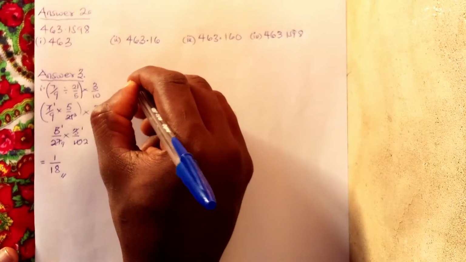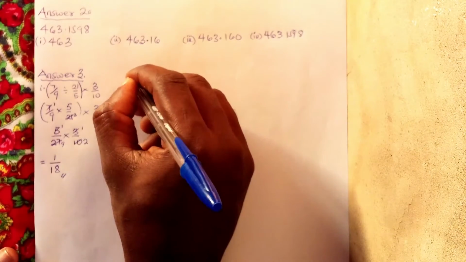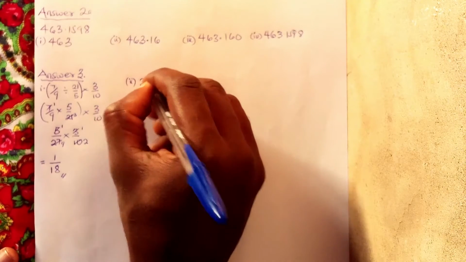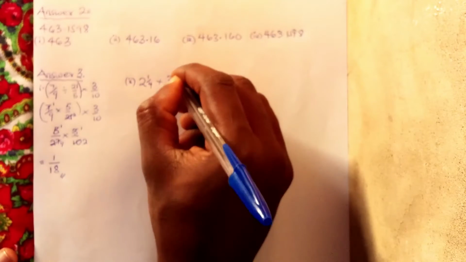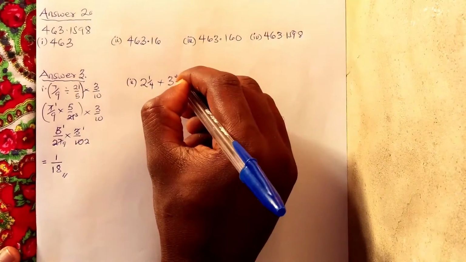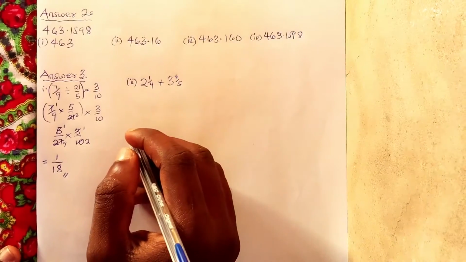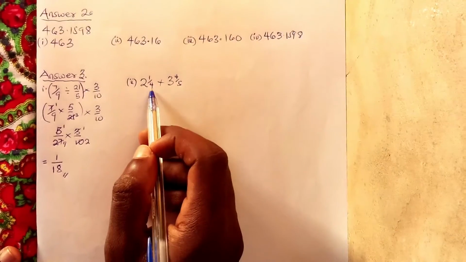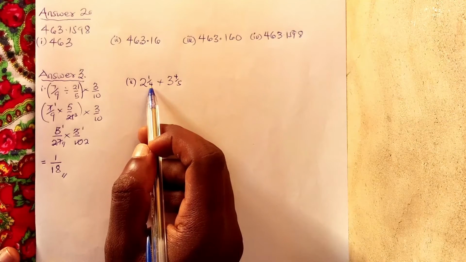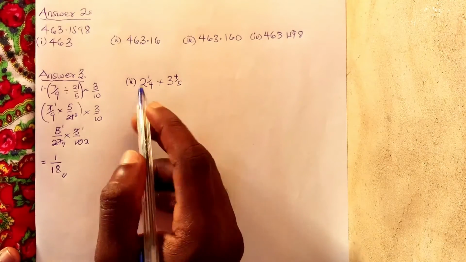II. We have 2 and 1 on 4 plus 3 and 4 on 5. You have to first change this into an improper fraction. Therefore, we have 4 times 2 to give you 8 plus 1 is 9.